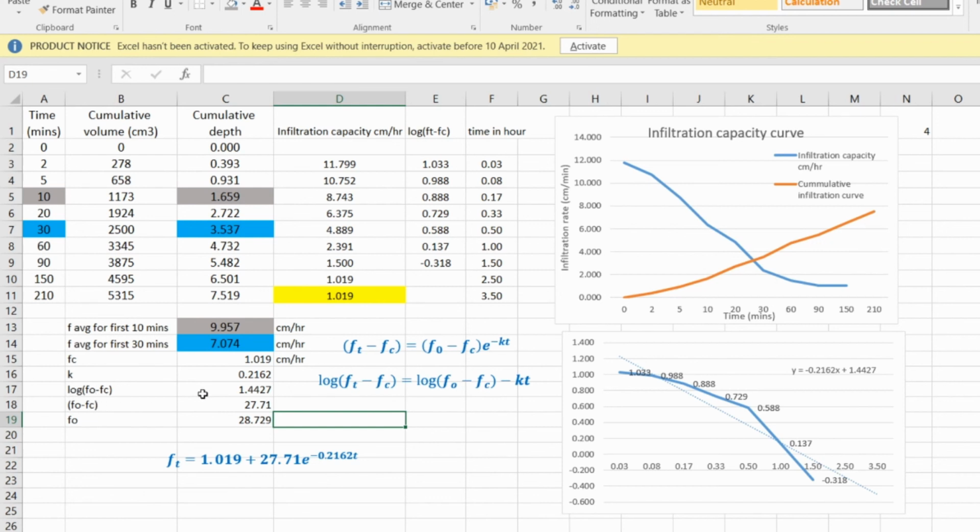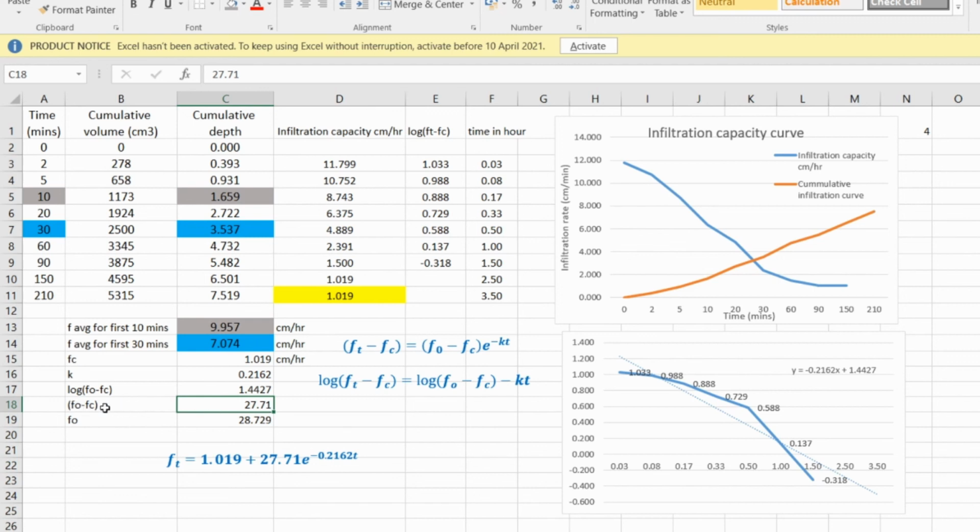So I have written log of f naught minus Fc over here, which is 1.4427. Once you calculate it, we can calculate f naught minus Fc by solving this value, which is equal to 21.71.